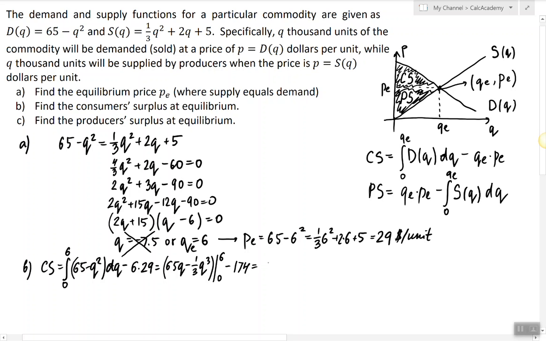So plugging in 6 into this antiderivative, we get 65 times 6 minus 1/3 times 6 cubed minus 0, minus 174. So 65 times 6 is 390. 6 cubed divided by 3 is 72, minus 174.